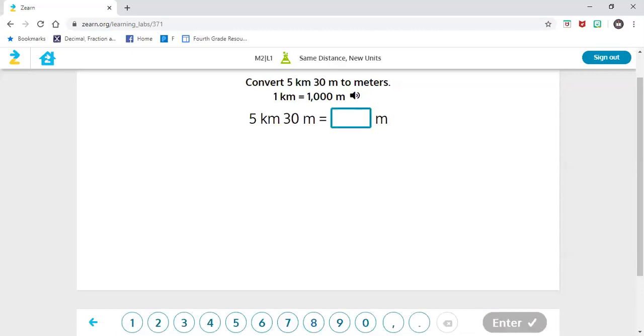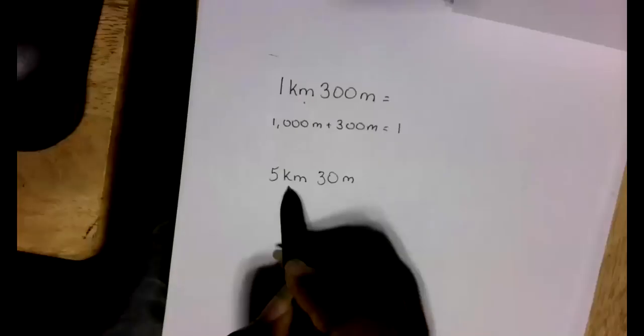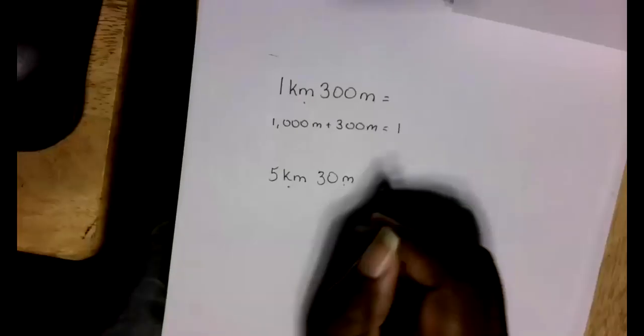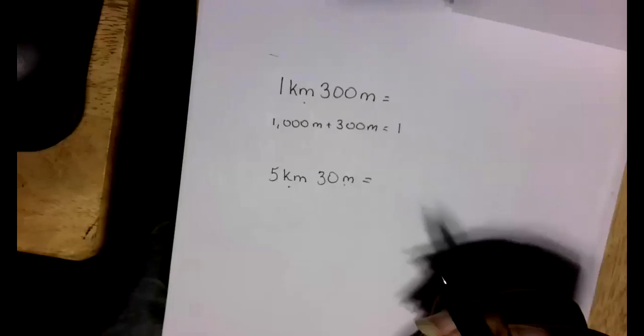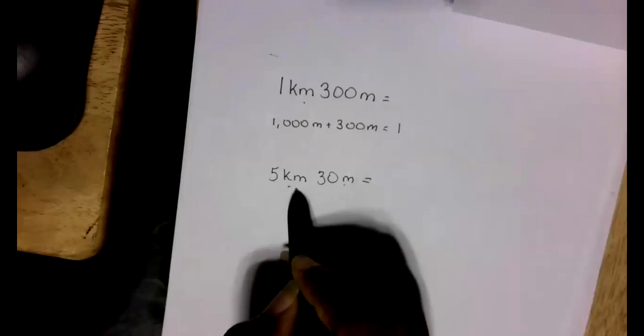Okay, so let's try another one. So this one is converting also, but this time it's not 1. But we still convert it the exact same way. So because this is kilometers and this is meters, I can't add them because they're not the same unit. So I have to convert, which means to change these kilometers to meters.